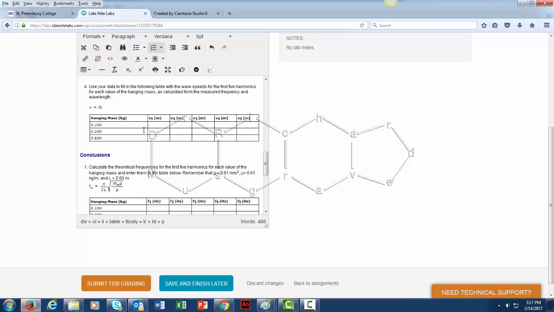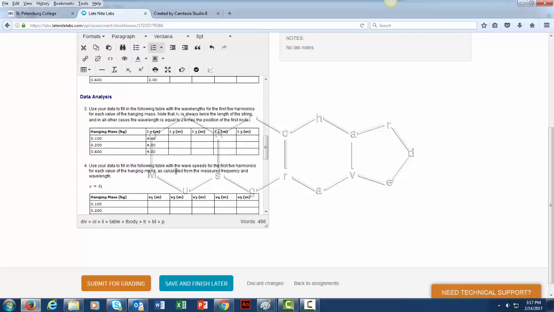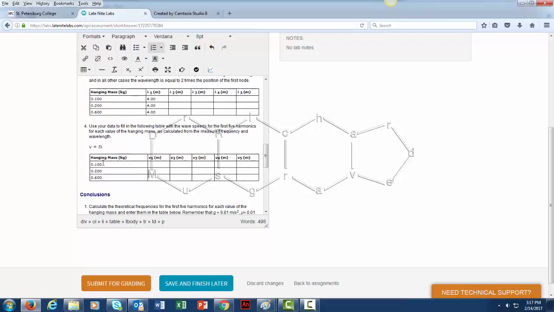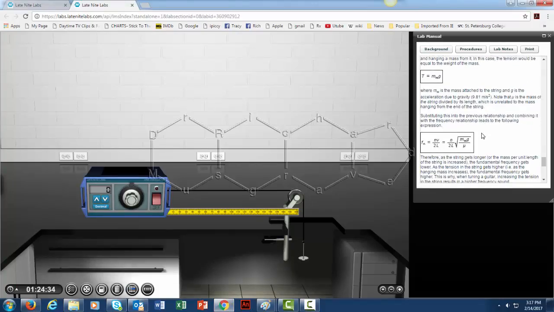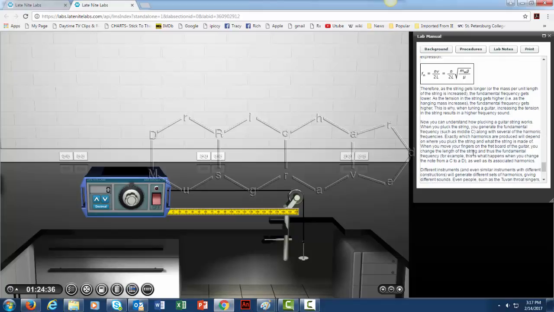So you go back to this table up here that has the wave speeds and the masses, and you compare these wave speeds for each of these different masses and see if there's a relationship. Is it increasing? Is it decreasing? Is it the same? And then you can always use the background here, especially towards the end in the last couple of paragraphs, which gives you some good clues as to why these relationships might exist.